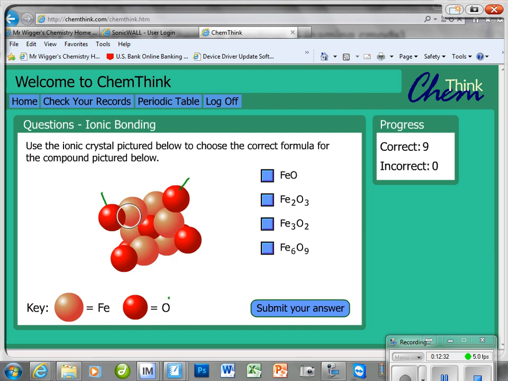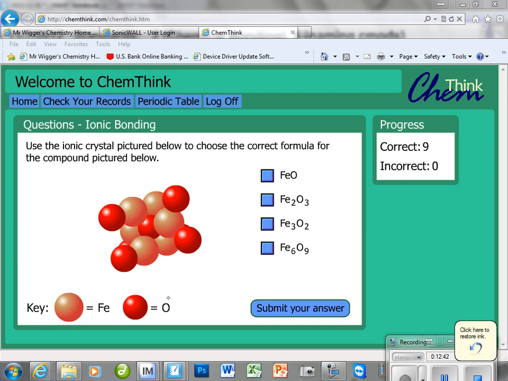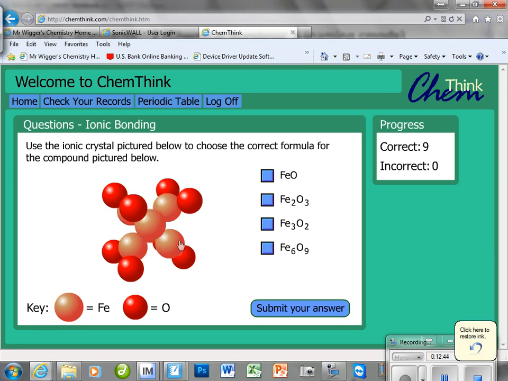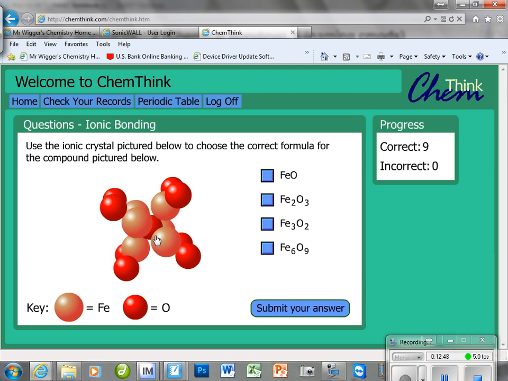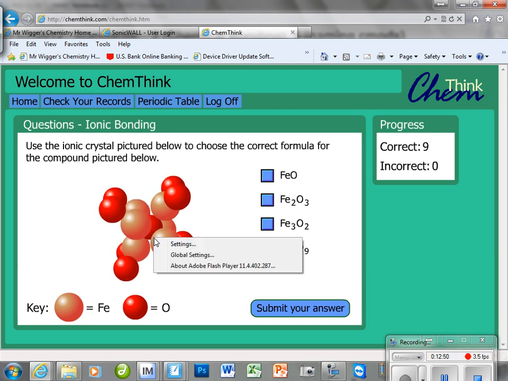As I rotate this molecule, let's put this back in motion now. As I rotate that molecule, I'm going to be able to see what's... I gotta get rid of the ink. There we go. Now, I'm gonna roll this back, and I can see now from this view something different than I saw before.